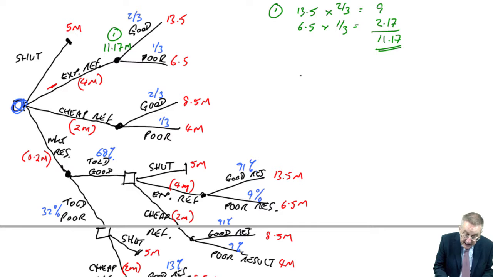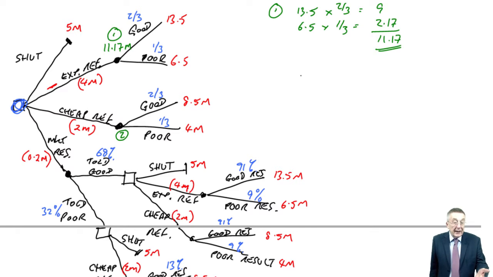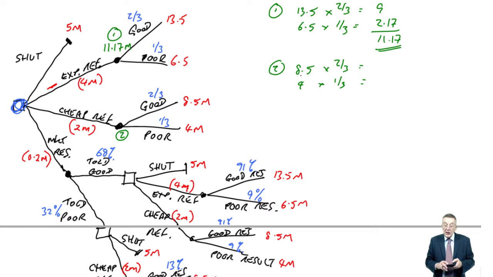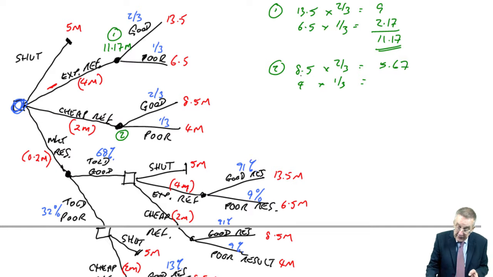In a similar way, what about here? Another option was cheap refurbishment. We only needed to pay out 2 million, but we're then uncertain. So we either get back 8.5 million or 4 million. The probabilities again, 2/3, 1/3. And so the expected return, if we do the cheap, 8.5 times 2/3 is 5.67.